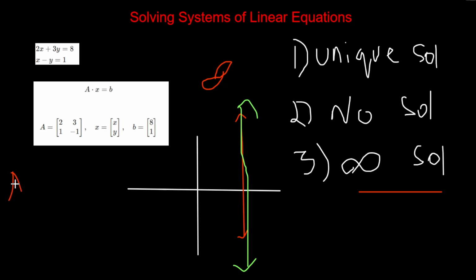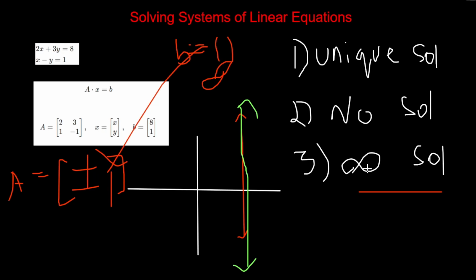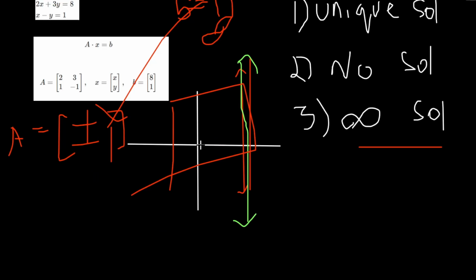We have the matrix A. The rows of the matrix are linearly dependent, and the output vector B also lies in the column space of A. That's why we have infinite solutions. So the system is consistent, but there is not a unique solution. There's a whole line of solutions, or a plane in the case of higher dimensions like 3D.